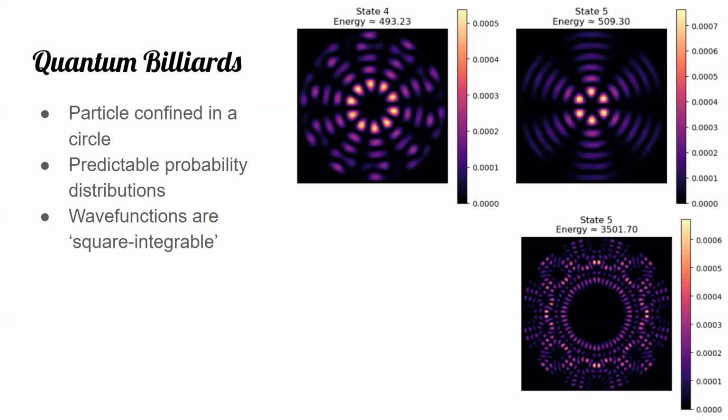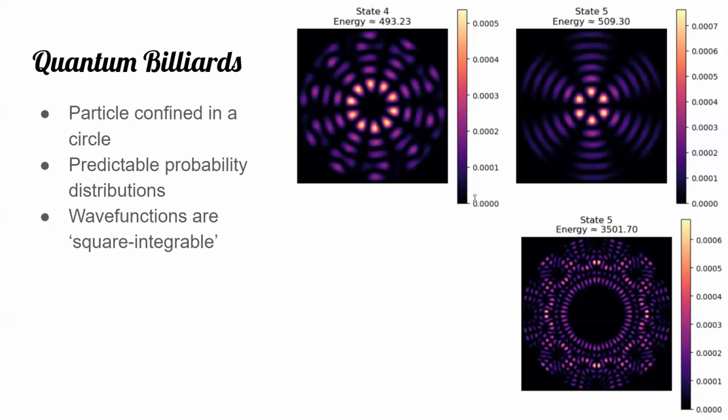These solutions could actually be derived by hand, essentially. They're mathematically attainable. You don't have to run code to find these probability solutions. They're analytically solvable. The wave functions are square integrable in this system.